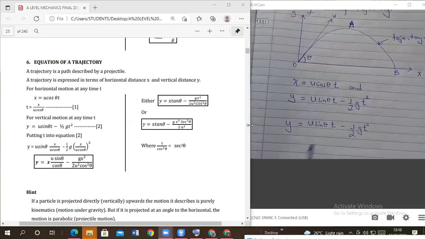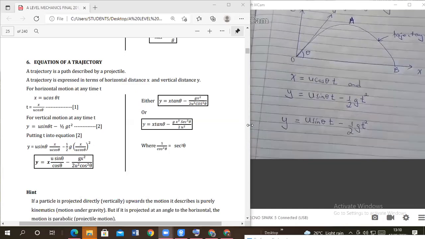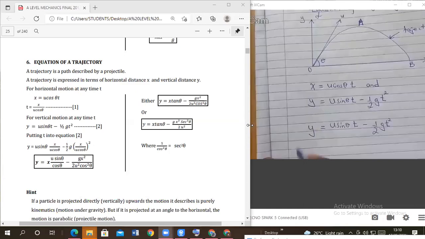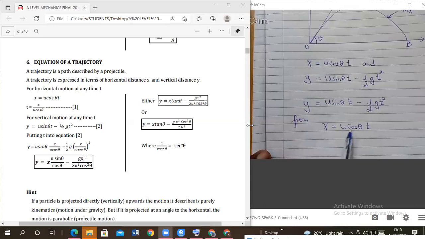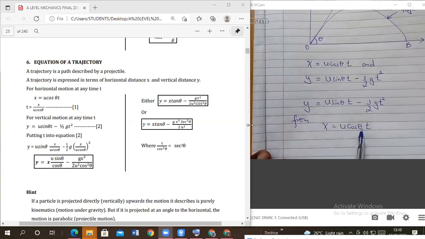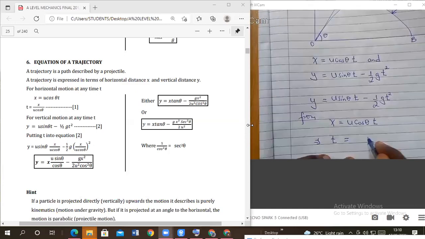The only way is to use the substitution method. From x equals u cos theta t, I make t the subject, and we find t is equal to x over u cos theta.